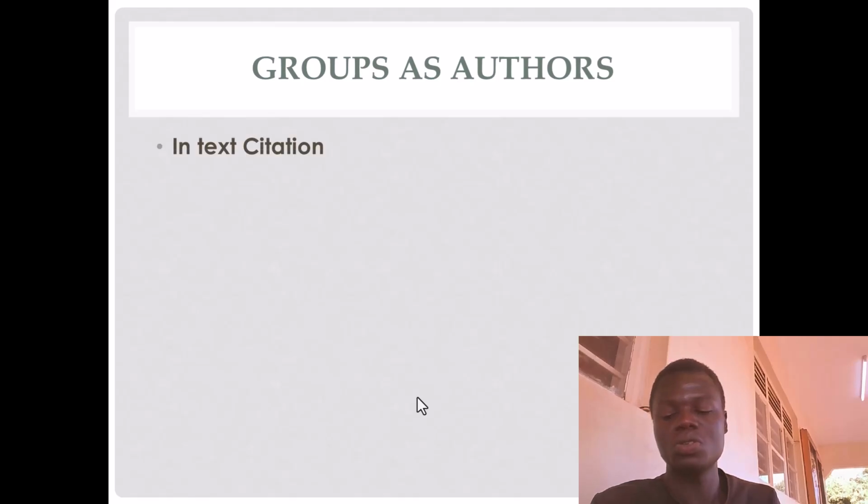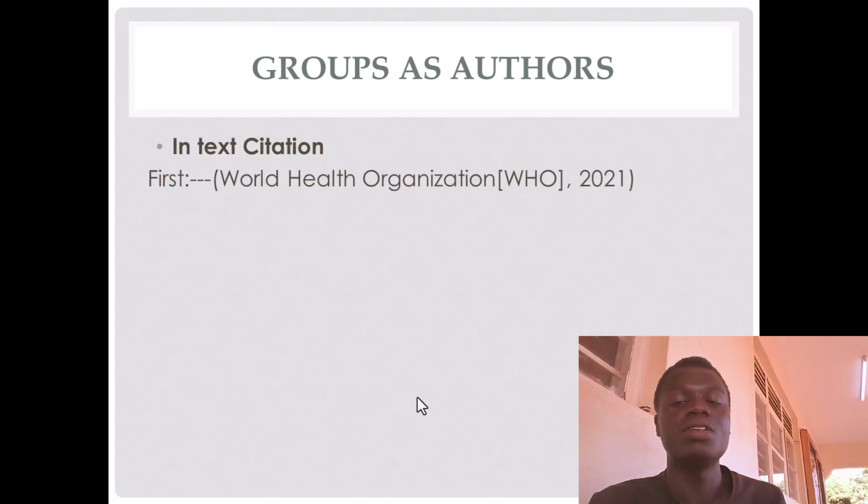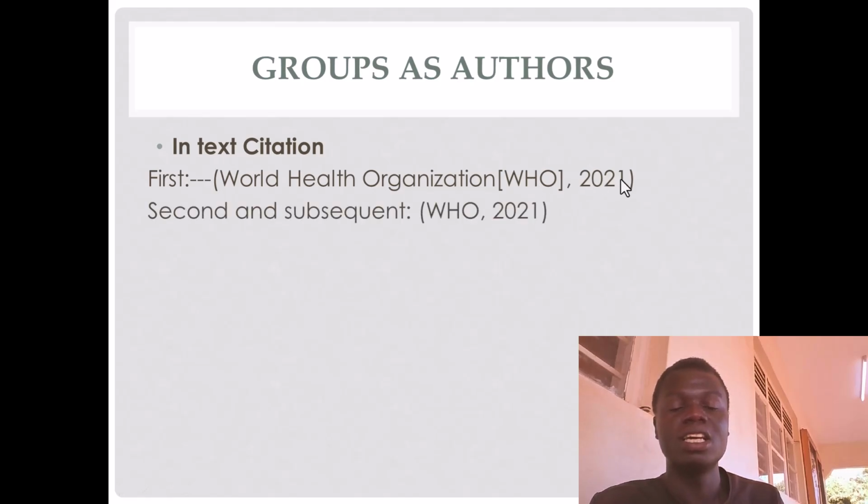In the in-text citation, in the first citation, you need to include the whole name of the organization, for example, World Health Organization, and then you put its abbreviation in brackets, and then the year of publication. In the second or subsequent citations, you just include the abbreviation of the organization, not the organization name in full, and then the year of publication.